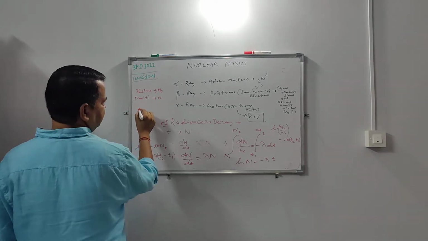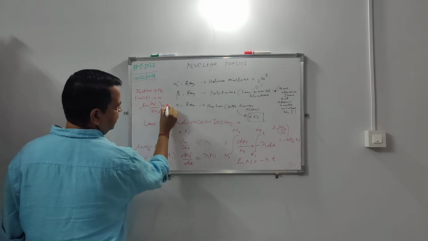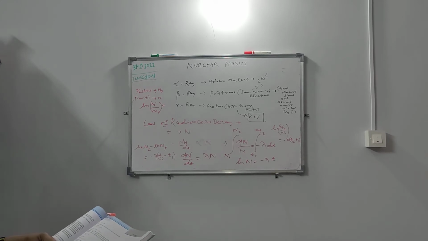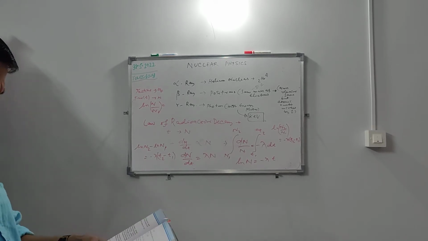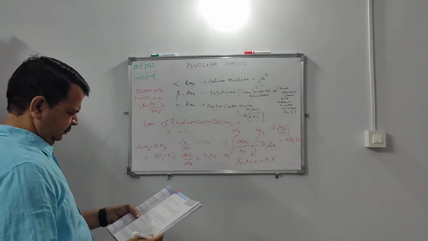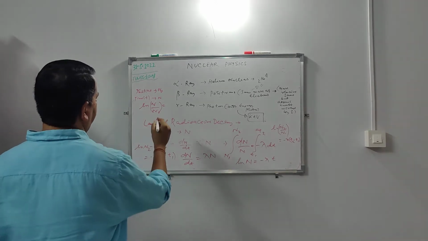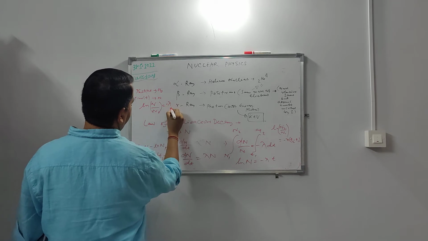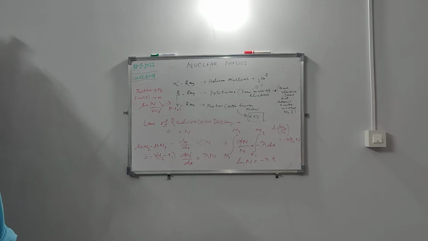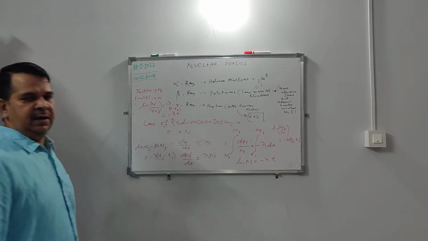So it becomes ln N by N0 is equal to minus lambda into t minus t0. If we consider that at the beginning the time is 0, this becomes minus lambda t.